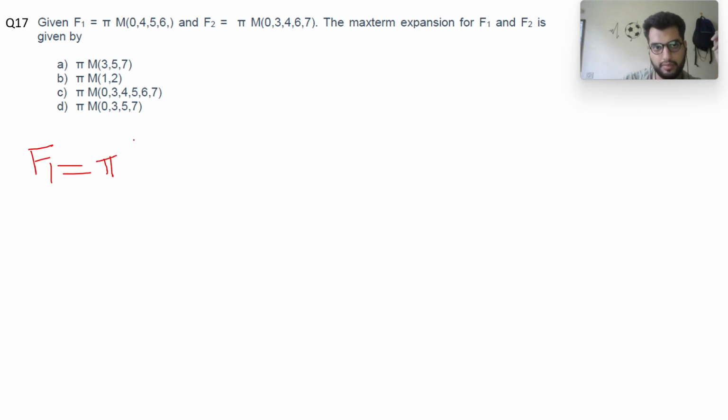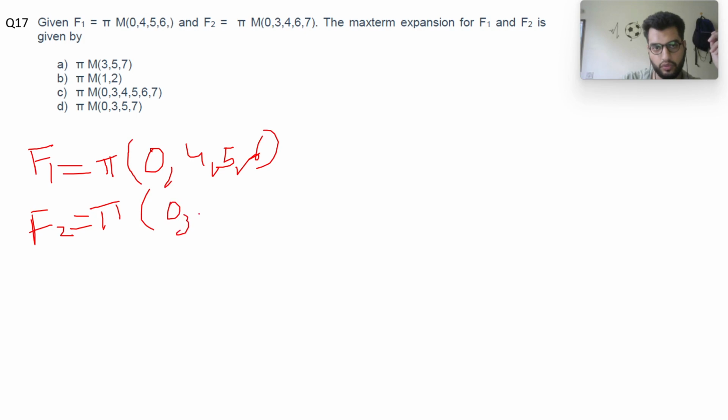f1 is the product of max terms 0, 4, 5, 6, and f2 is the product of max terms 0, 3, 4, 6, 7.